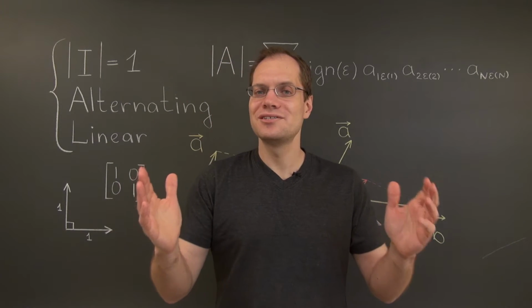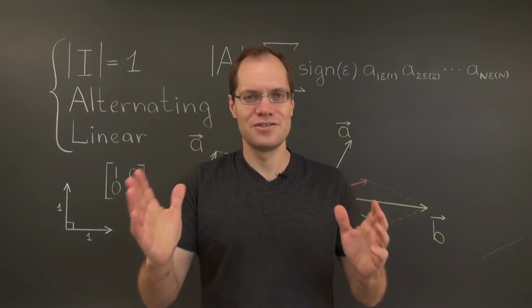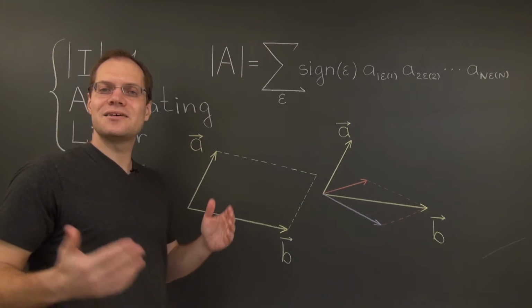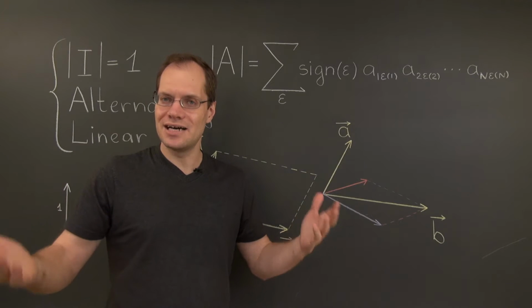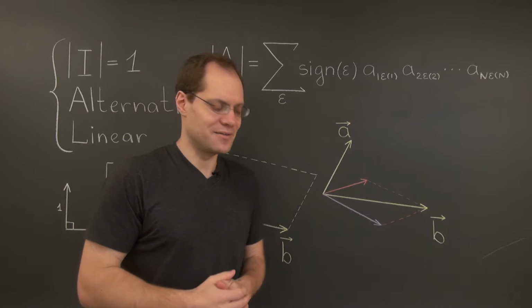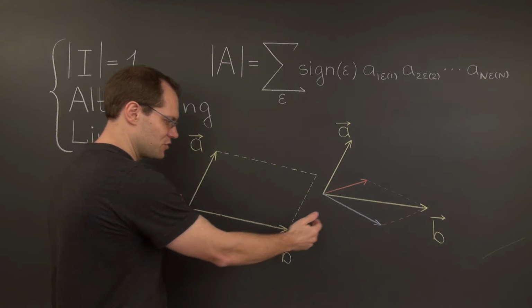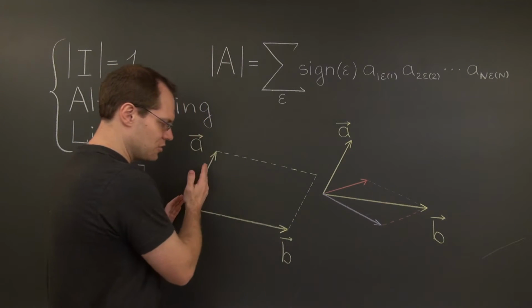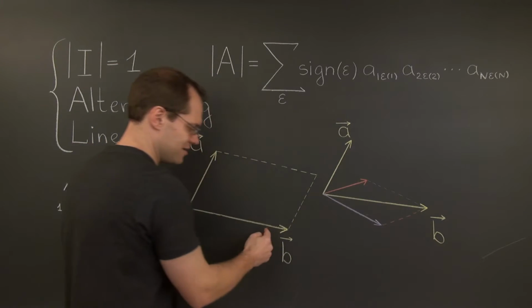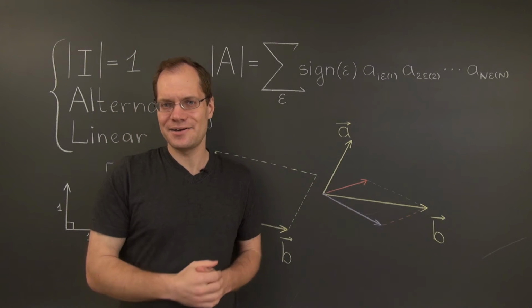What happens to signed areas and volumes? Totally straightforward. Let's take a look at this picture, and let's imagine that the vector B doubles. What's the corresponding change in the signed area? Well, if B doubles, it goes from here to here. And the corresponding parallelogram goes from this one to this one, which is double the area.